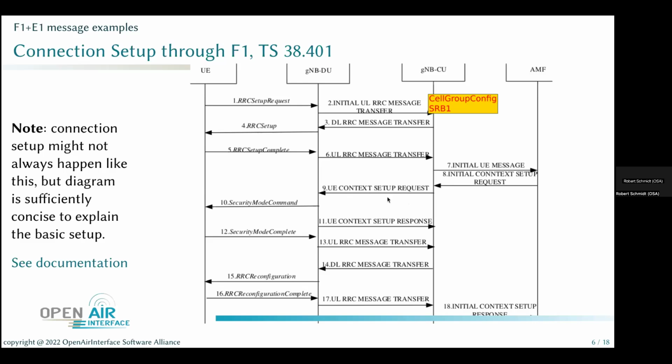The one thing that I would like to say here is that this is one possibility how the initial connection can happen. It can actually be even simpler. So in particular, when the phone was in flight mode, then what happens typically, you don't even have this UE context setup request in the beginning. You only see downlink and uplink and downlink and uplink and downlink and uplink RRC messages all the time. And at the end, the UE is RRC connected, but it doesn't have a PDU session.